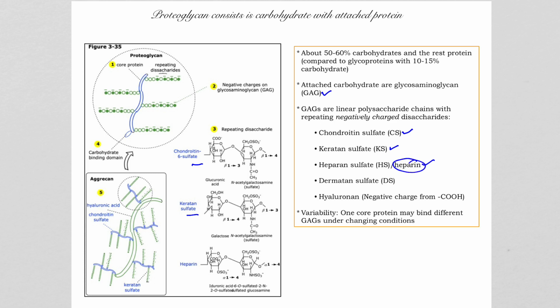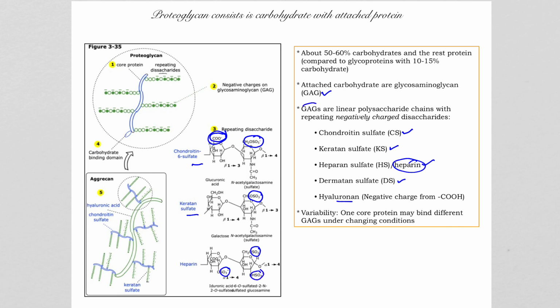Heparin, you're probably aware in the healthcare field, is a very important drug, an anticoagulant. Then dermatan sulfate and hyaluronan. If you look at these structures, you see many groups, sulfate, carboxyl. Here's another sulfate. So many negatively charged groups.